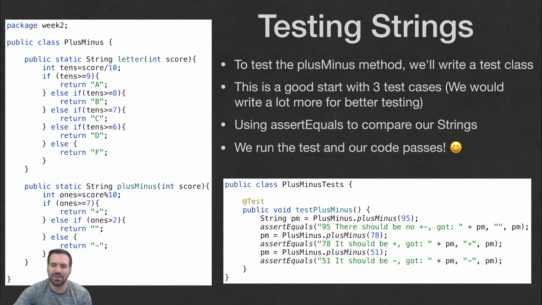And if it fails, I'm going to give a hint string that tells me anything I would need to know about this. Most importantly, the input. The input being 95, that's something that assert equals is not going to give me, so making sure I have that there. And 78, I should get a plus, and 51, I should get a minus, which is weird, which is a bug.